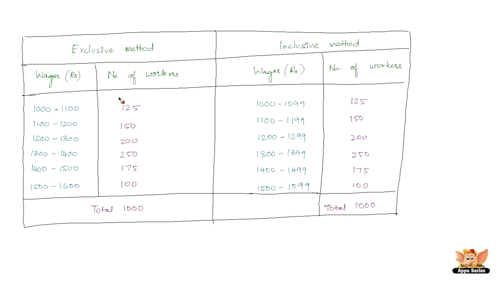Here you can clearly see that in the exclusive method, 1100 is not included in counting the number of workers. In the inclusive method, it is already mentioned only till 1099. So this is the difference between the exclusive method and the inclusive method.